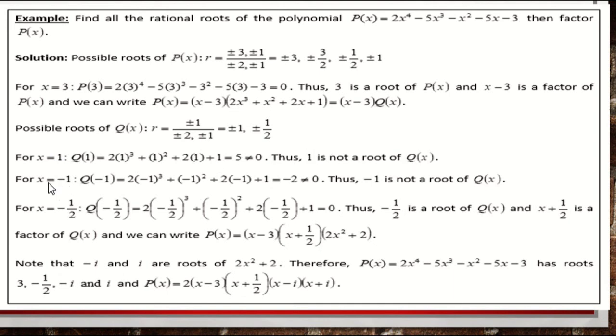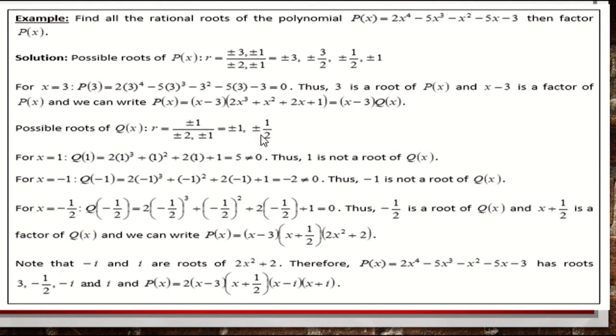Let us try x equal to negative 1. Substituting negative 1 for x, the result is negative 2, which is still not 0. So negative 1 is not a root of q of x.